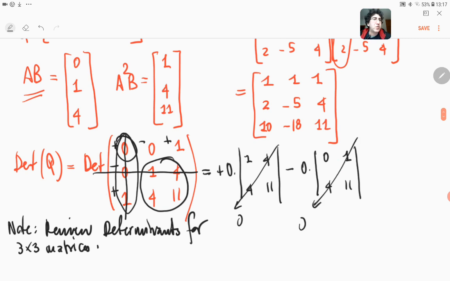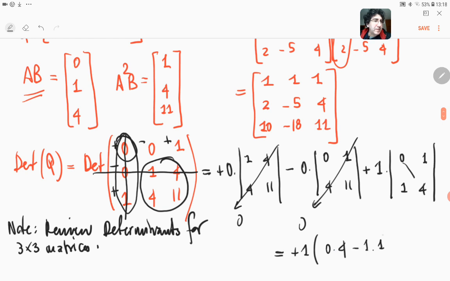The only non-zero entry comes from the last entry, plus 1 times, okay? You will have a determinant that is 0, 1, 1, and 4. So that's going to be equal to plus 1 times 0 times 4 minus 1 times 1.